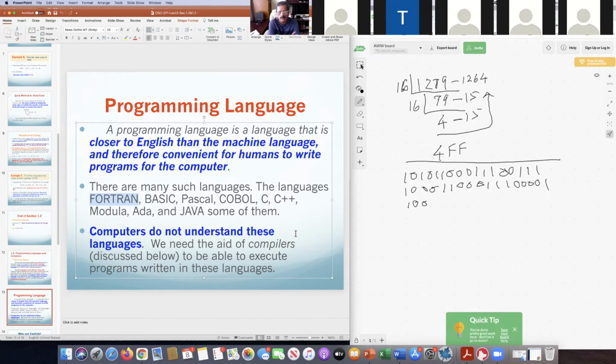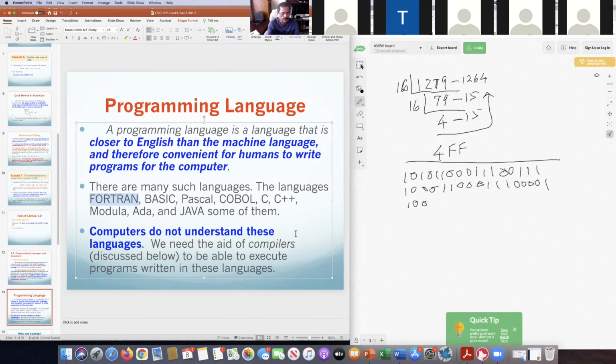They were able to design the programming language, and after designing it, they had to come up with a program that can translate programs written in the programming language to machine language. It can be done by a program, because every word is going to correspond to one machine language code.